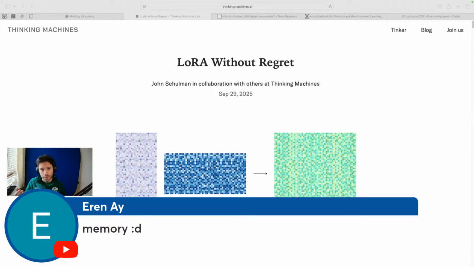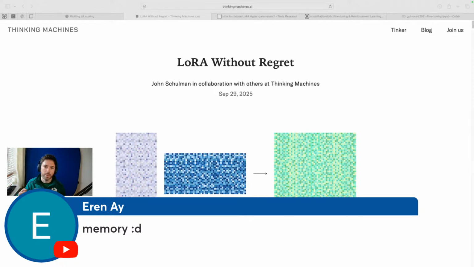But if you fully fine-tune for every parameter, you also need parameters for the gradients and parameters for the optimizer. So often you'll need many multiples, maybe 4 to 8 times what you have for the weights, for the optimizers and the gradients. By doing LoRA, you're deciding not to optimize all the parameters, and instead you're going to optimize these small adapters, which you can see here in the blog.